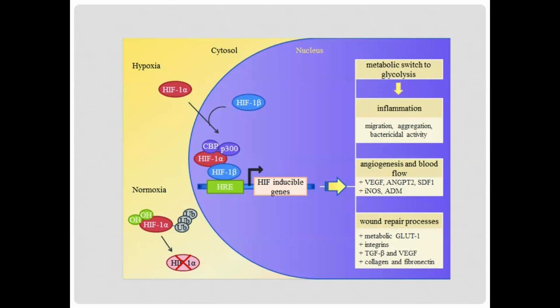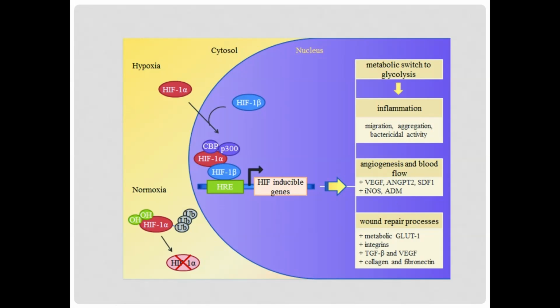It induces these target genes. So here are some of the target genes. The vascular endothelial growth factor, or VEGF. VEGF is certainly one of the most powerful factors of angiogenesis in the body. iNOS, that's inducible nitric oxide synthase.